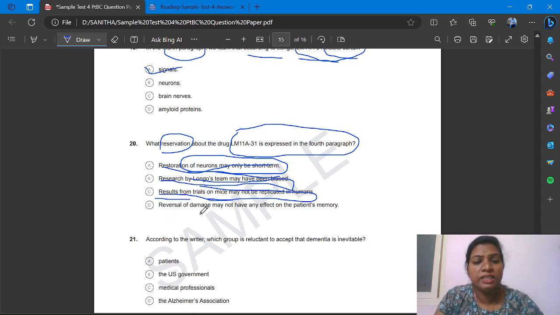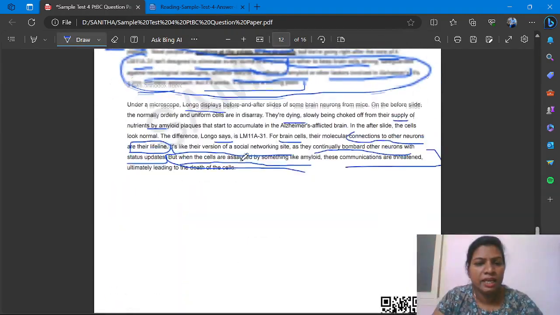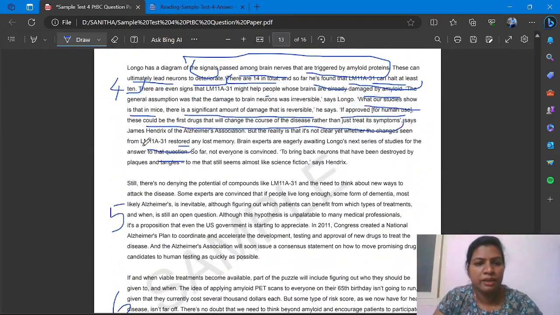Reversal of damage may not have any effect on the patient's memory. See here in the fourth paragraph, the last part, they said something.